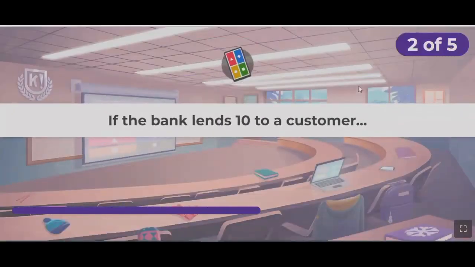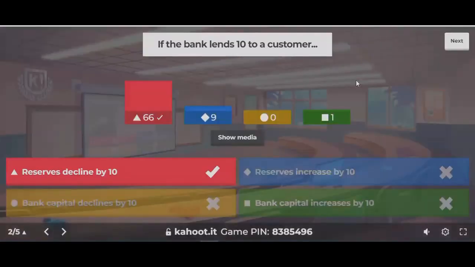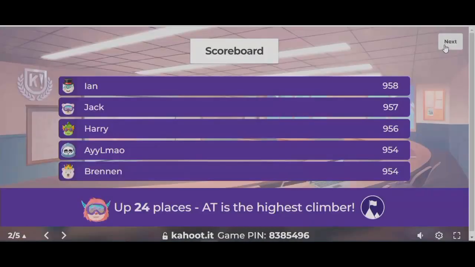If a bank lends 10 to a customer, what happens? Do its reserves decline by 10, increase by 10? Does its bank capital decline by 10, or increase by 10? If the bank lends 10 to a customer, its reserves decline by 10, because there's nothing else for them to give them.